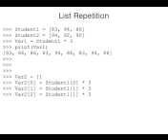Similarly, the multiplication sign in a list means repeating the list rather than multiplying the value of the individual items in the list. So in this example, we have a list called var1, and this value equals student1 times 3. So the result of that is you're basically duplicating the list 3 times.